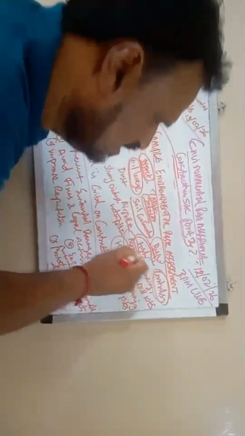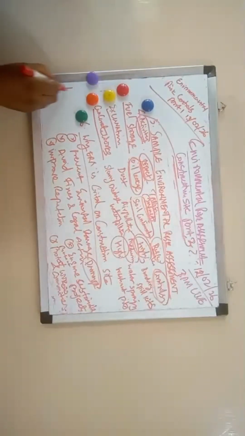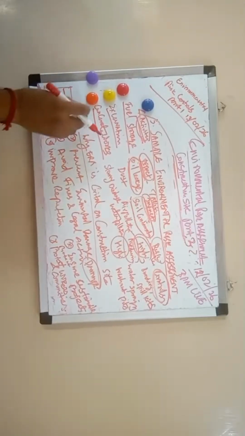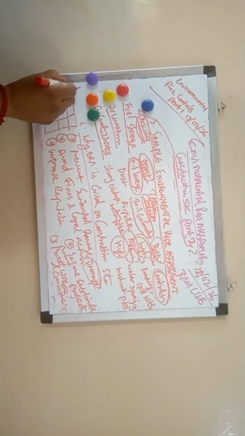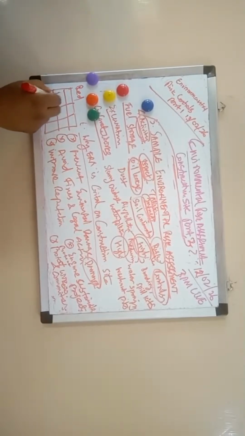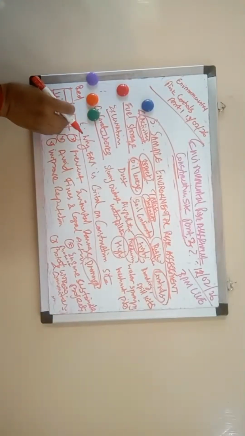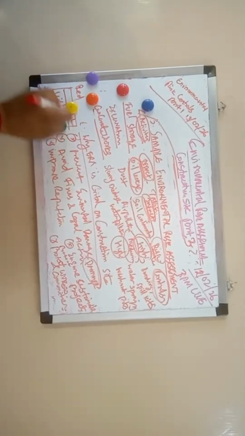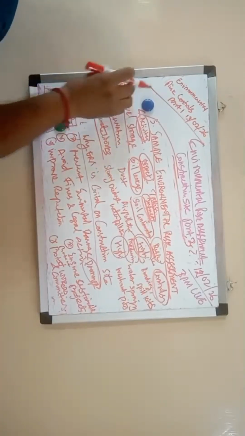Then what will be the risk level? It is high. How do you calculate it? The risk level is calculated by means of the risk matrix: red is high, yellow is medium, and green is low.